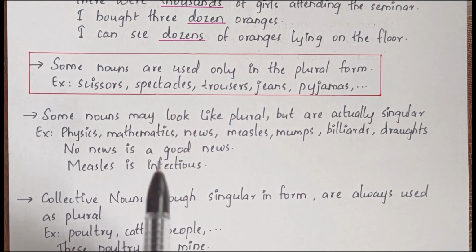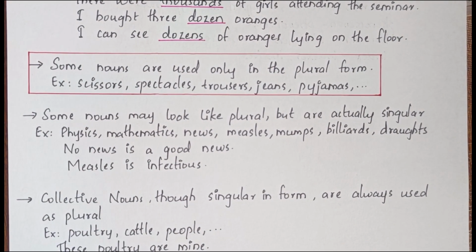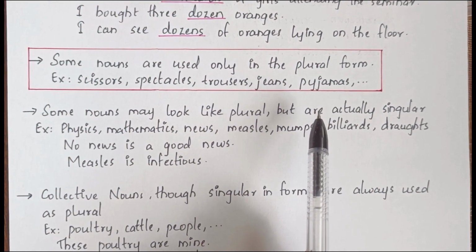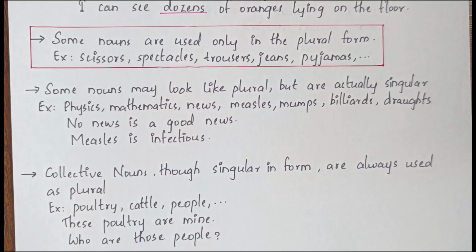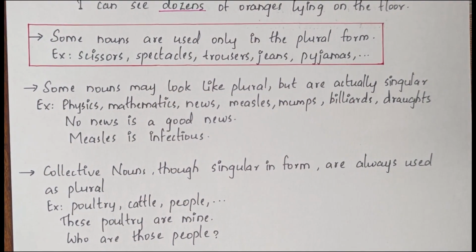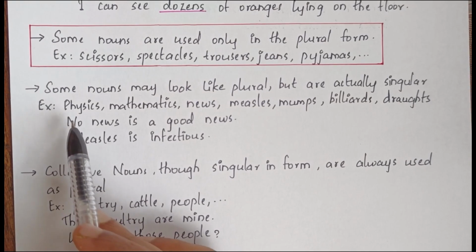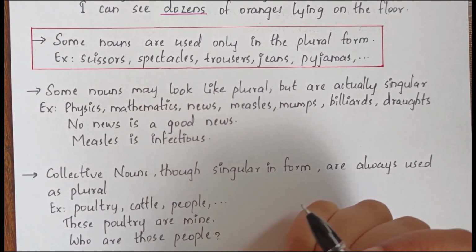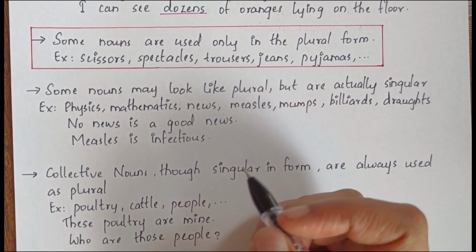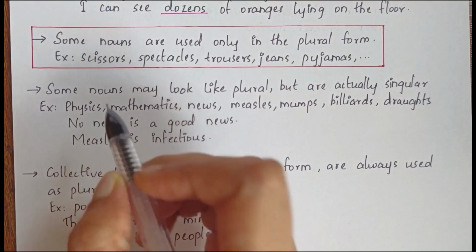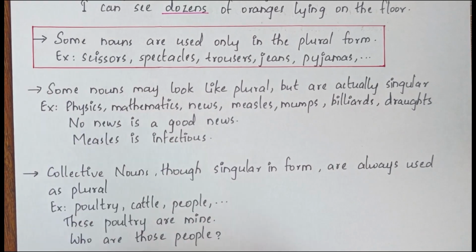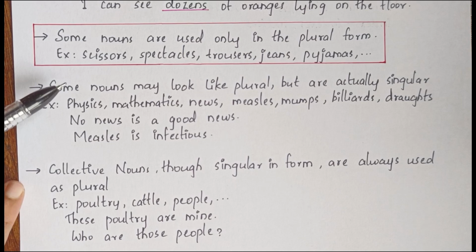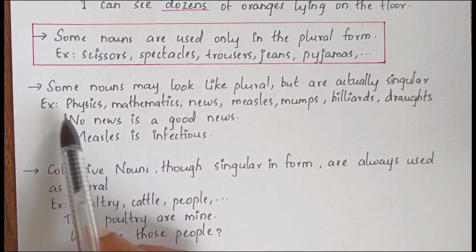Okay. Next point is, some nouns may look like plural but are actually singular. For example, subjects like physics, mathematics, electronics, statistics, etc. Since we see an S at the end, we may get confused that it is plural form, but actually it's always a singular noun.